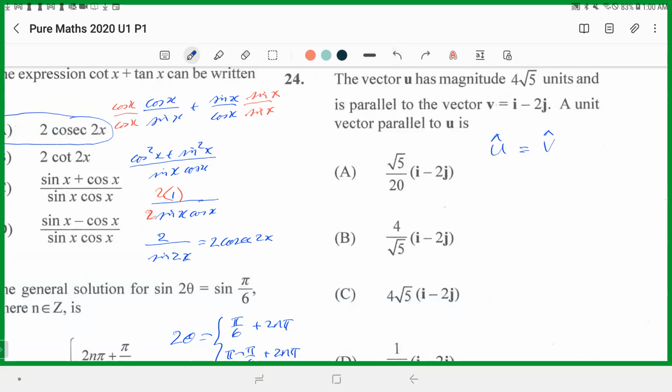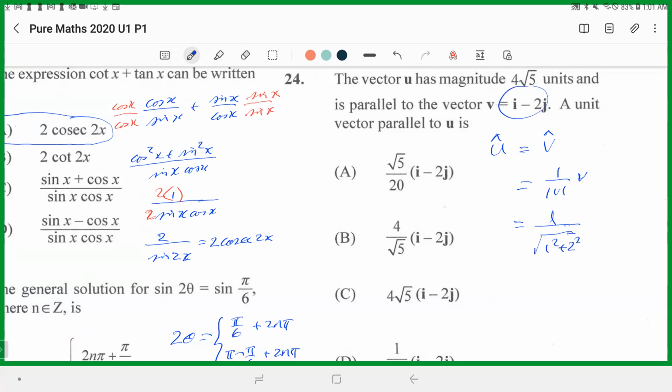So the unit vector in the direction of u becomes 1 over the modulus of v, times v itself. So it's 1 over the square root of 1 squared plus 2 squared.